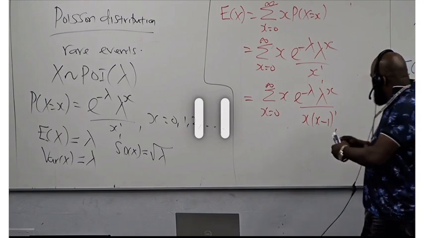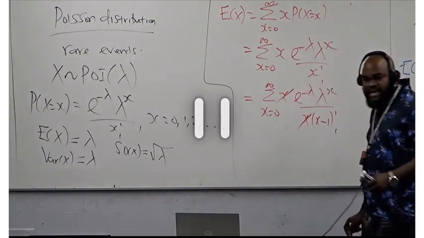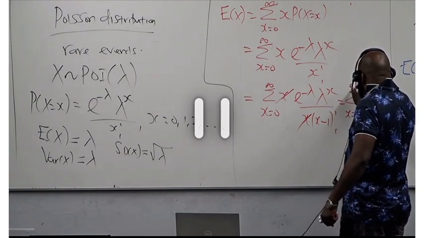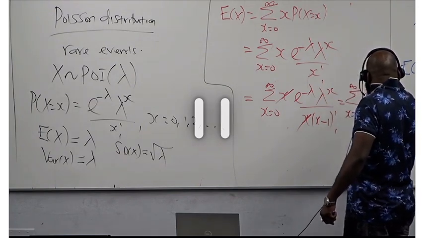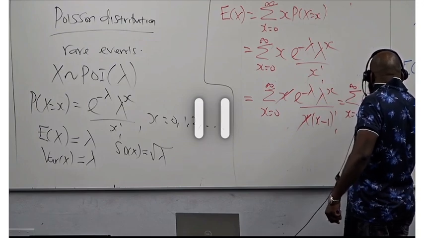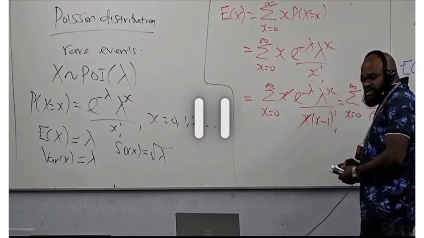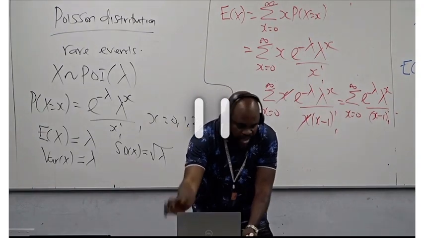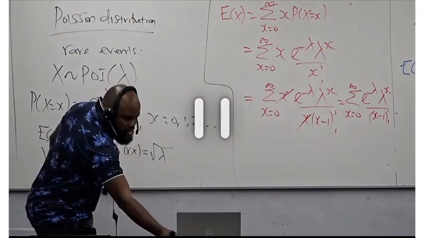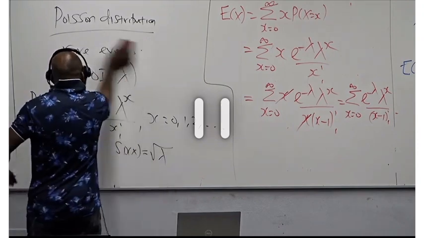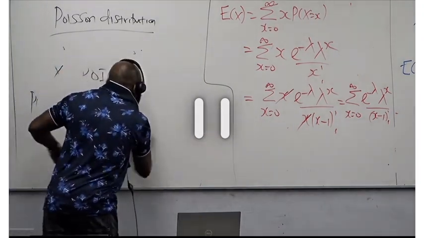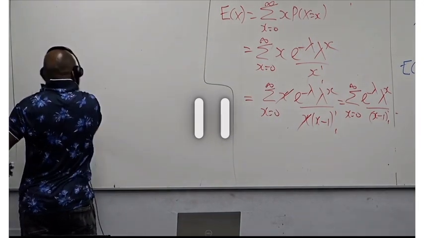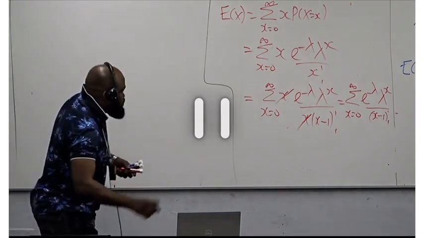Of course, if that is what happened, this X is going to cancel that X. So I'm going to have the sum from 0 to infinity, exponential of minus lambda, lambda raised to the power X, over X minus 1 factorial. Please pay attention to what is going to be next.